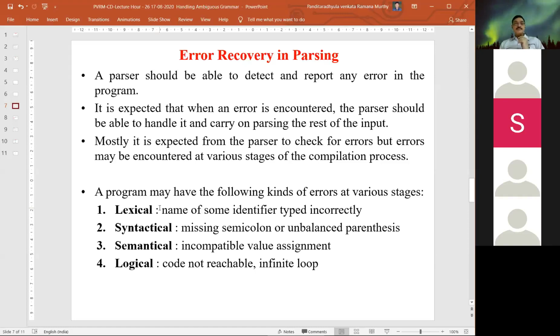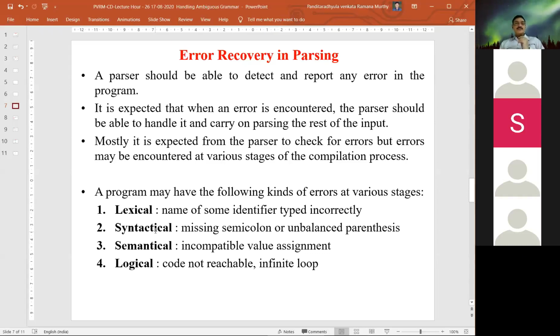For example, in older versions of C, what is the size of an identifier name? It may be 8 characters only. Now it presently has 32 characters. If the length crosses that limit, the token is wrong. Such errors are called lexical errors, at the lexical analysis level.